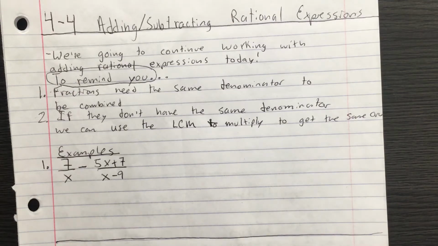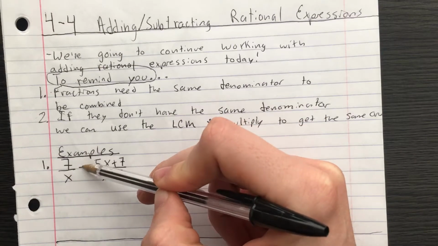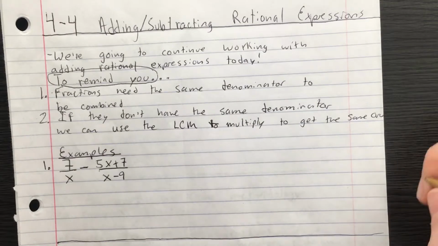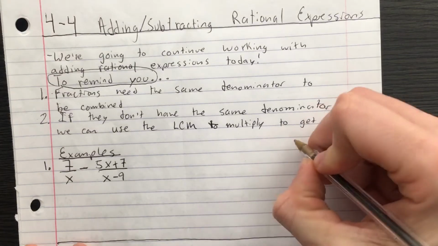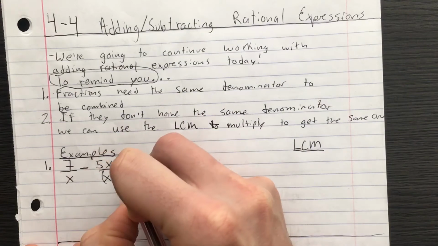So the first example we're going to look at, we're subtracting 7 over x minus 5x plus 7 over x minus 9. Now, for us to get in a spot where we are allowed to combine these, the least common multiple here, both of these are individual factors.